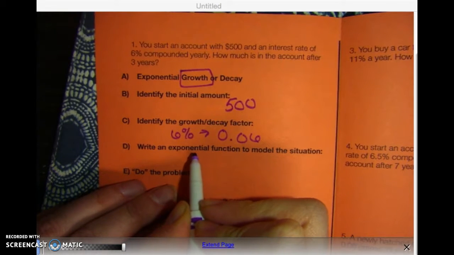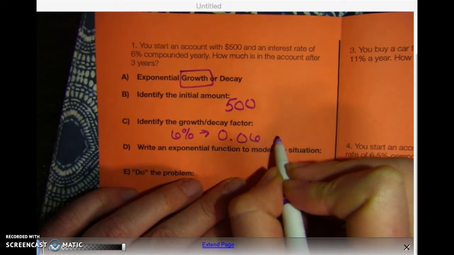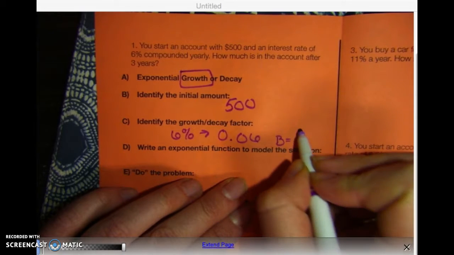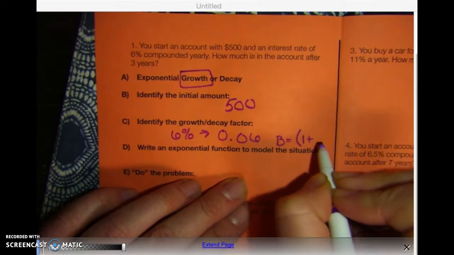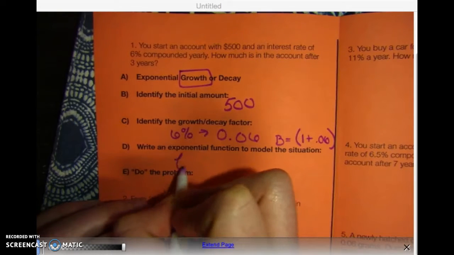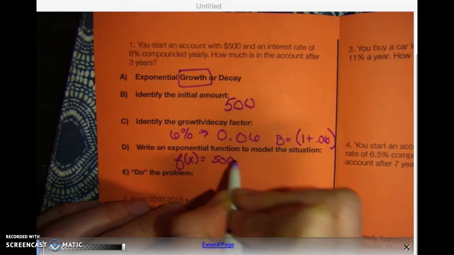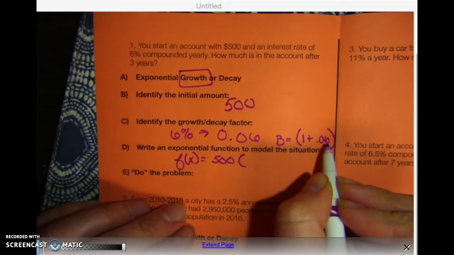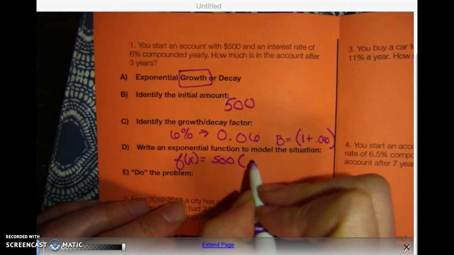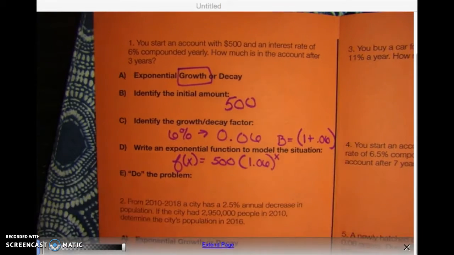To find my B, I'm going to do 1 plus 0.06. So my total function, f of x, equals 500 times, we can write that or we can do the math to it, 1.06 to the x power.